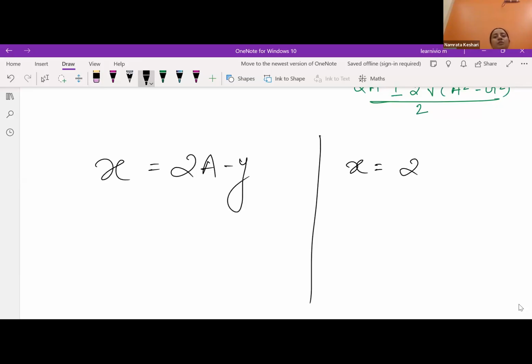If you are wondering why I'm separating the left side and right side, it is because you have two different values of y, since the plus minus sign is there.